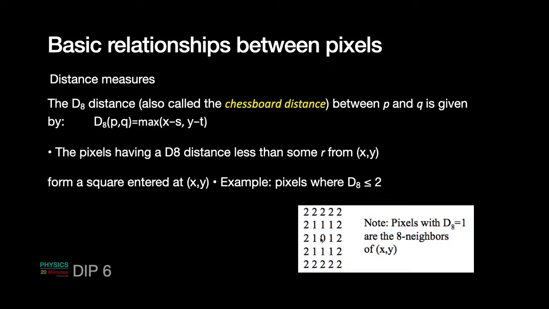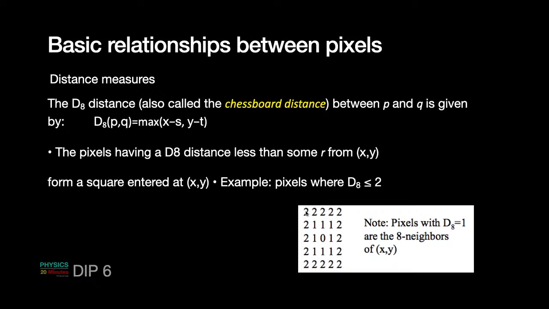You can see that in case of Euclidean distance measure, you will create a circle. In case of D4 distance measure, you will create a diamond shaped structure around the center pixel from where the distances are being measured. And in case of D8 distance measure, you will create a square.